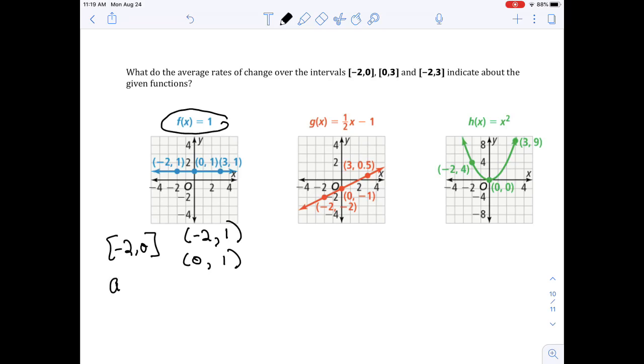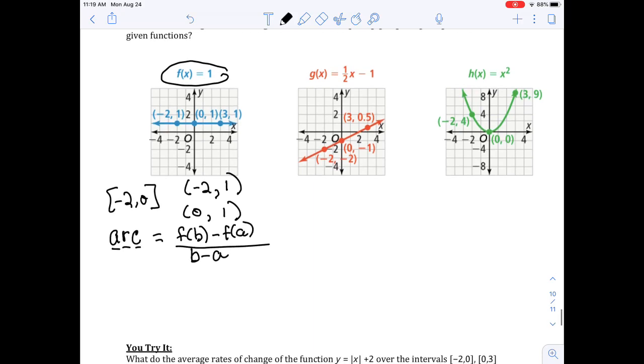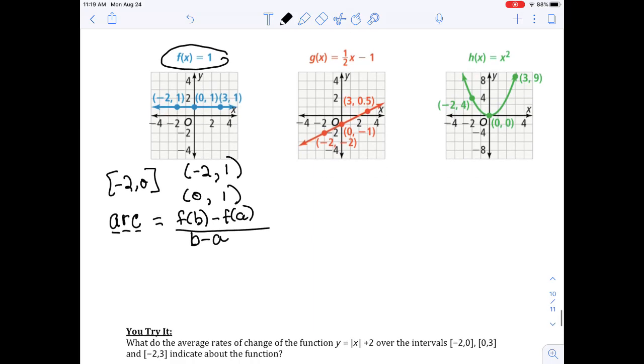So I'm looking on the graph. So if I do my average rate of change, it's going to be f of B minus f of A over B minus A. And so that's going to be y minus y over x minus x.